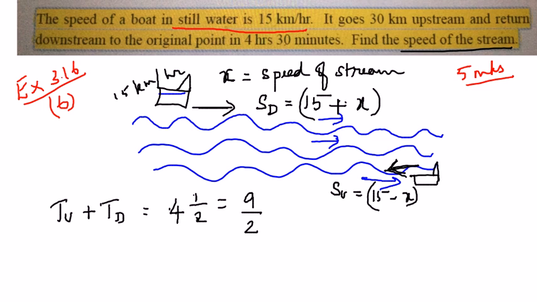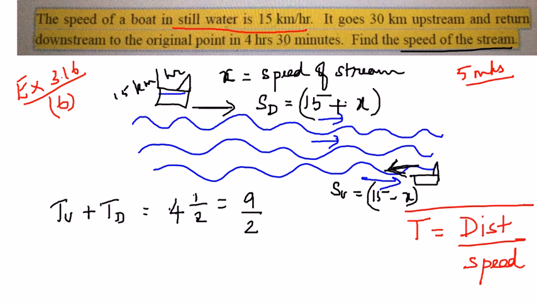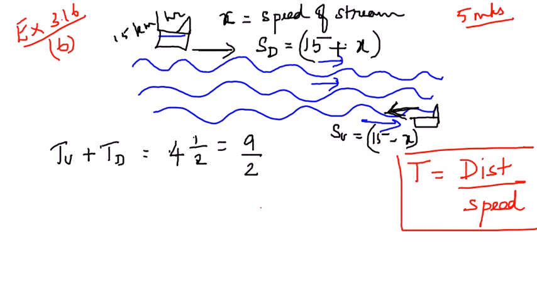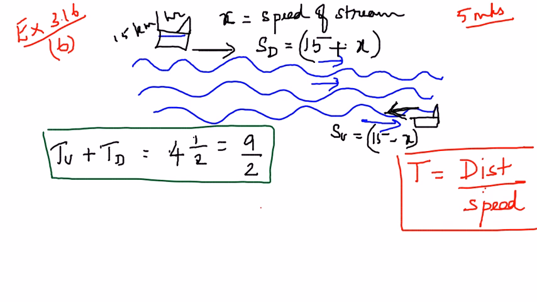Once you've got this concept clear, you must also know this formula: time is equal to distance by speed. You remember this formula, right? We studied it in physics and used it a lot in maths. Speed is equal to distance by time and time is equal to distance by speed. So I'm going to use the same formula and substitute it in this equation.